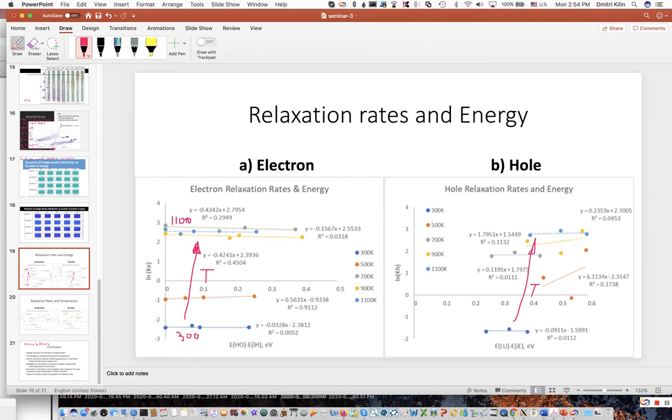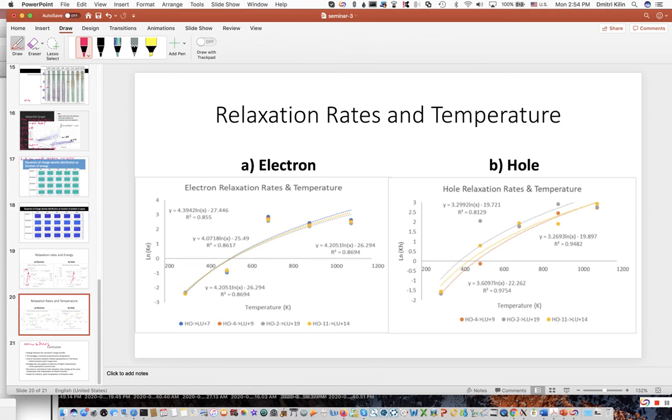And then on slide 20, I see how my relaxation rates increase with the temperature. So we see for both my electron and my hole, the graphs essentially overlap for each orbital transition I'm studying. And what that tells me is the rate of change with respect to temperature is the same for each orbital transition, and by the shapes of the graphs, I suspect that this is a Boltzmann distribution.